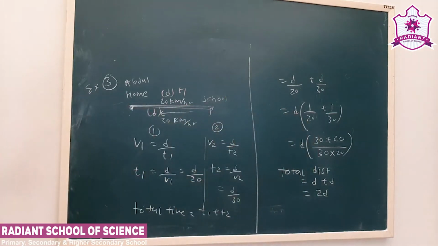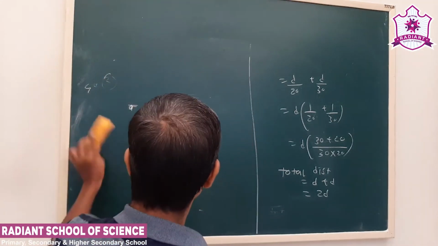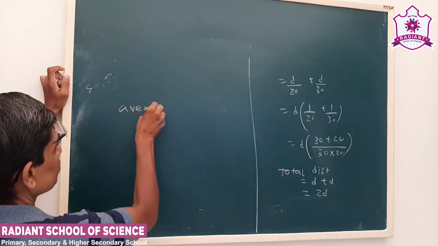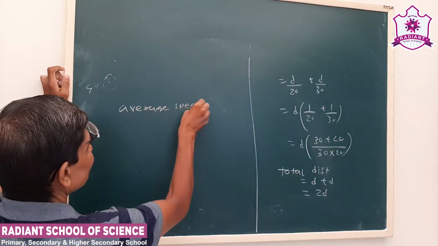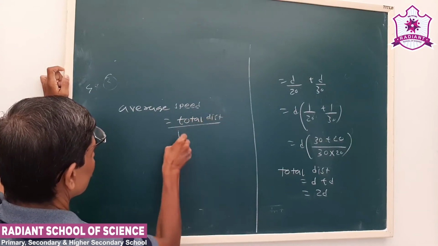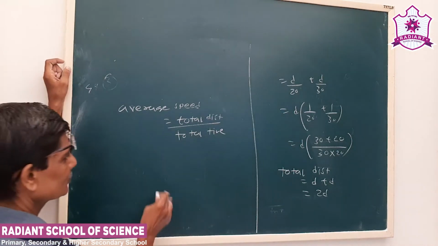Now we use the formula: average speed is total distance upon total time. Now the total distance is 2d.